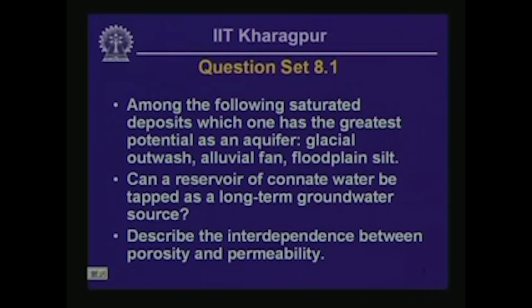The first question that I gave you last time around was: among the following saturated deposits, which one has the greatest potential as an aquifer? The three deposits are glacial outwash, alluvial fan and floodplain silt. If you recall from our previous lesson, for a geologic unit to qualify as an aquifer, we need a fairly coarse grain size structure.